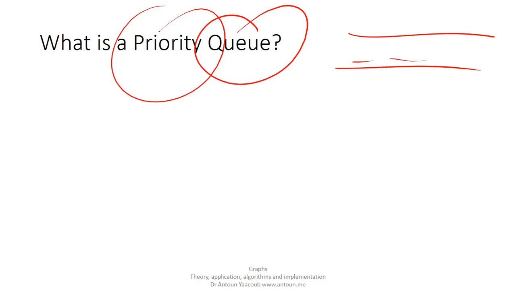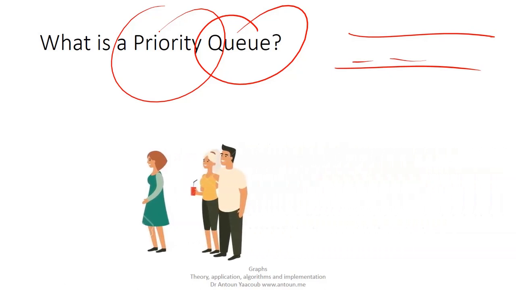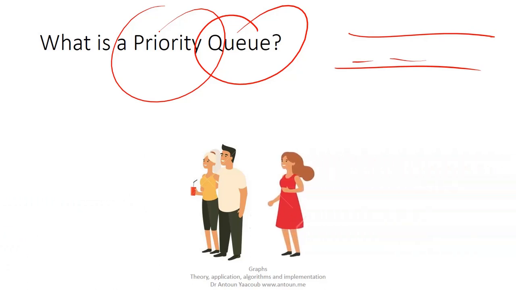Data is enqueued based on the priority. For example, if I have a woman here, and then a couple, they will be aligned in that order, and the first one, the front element, will be dequeued. Then if I have another woman, and, for example, an old lady arrives, I will let her stand in front of the line. This is the idea of a priority queue.